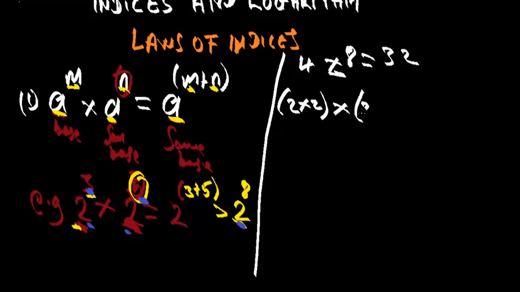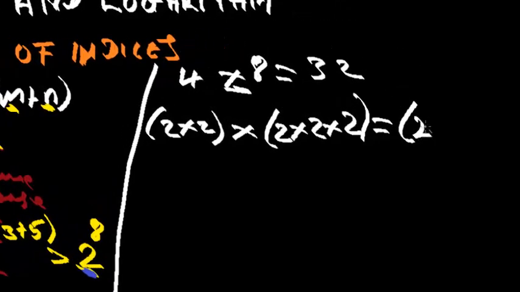And 8, we can write as 2 times 2 times 2, 3 times. Then our answer is 32. 32 in terms of 2 will be 2 times itself 5 times. Two multiplied by itself 5 times, that's 32.